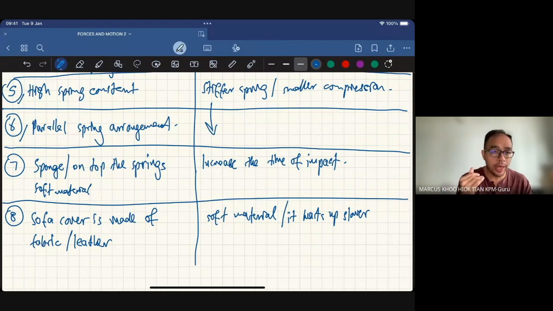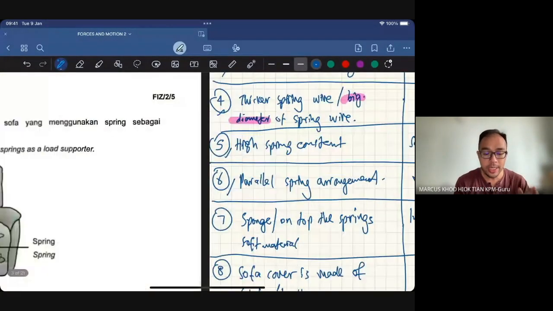So you need to write at least 3. You can do a combination of 3 plus 2 or 4 plus 1. Don't write everything about the characteristics of the spring, because you will lose marks in terms of the additional features. So again, when you're answering these kinds of questions, be aware.